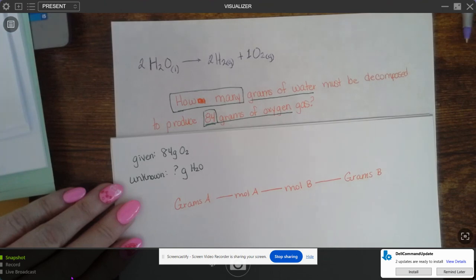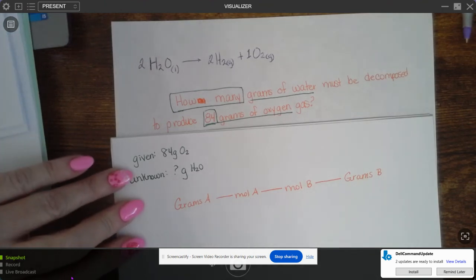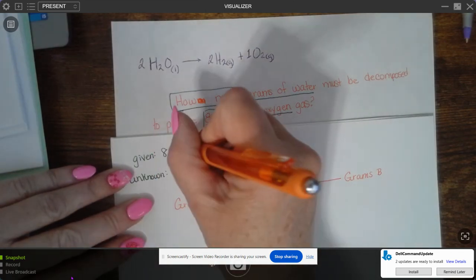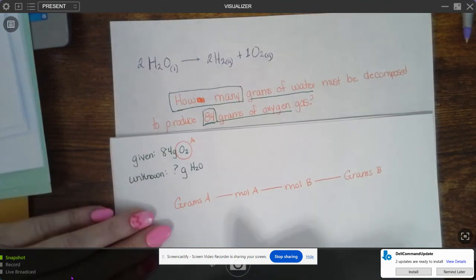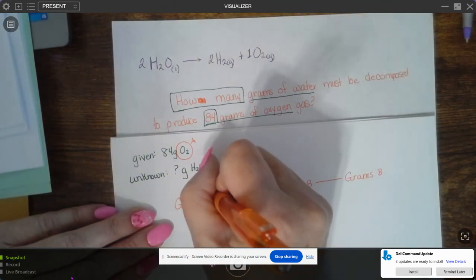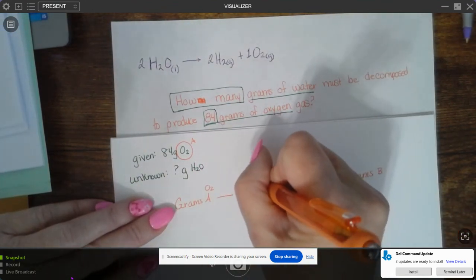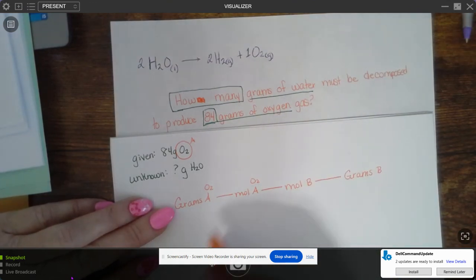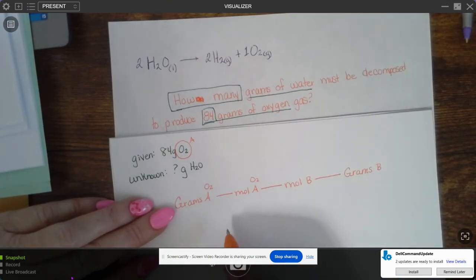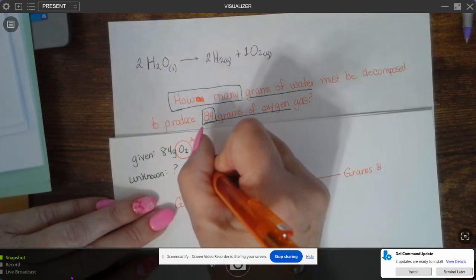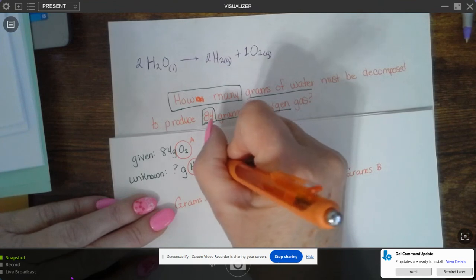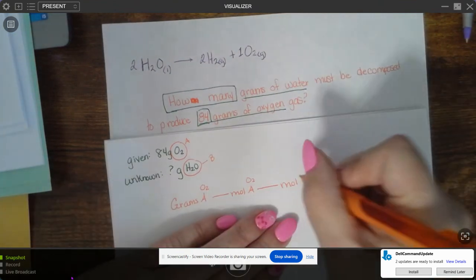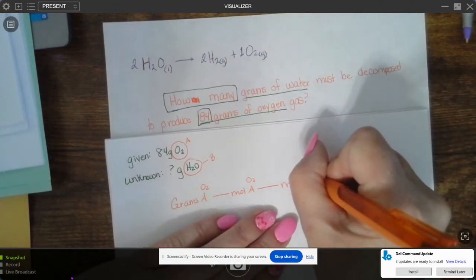Our given is substance A in the mole map, so in this problem, O2 is going to substitute in anywhere that I have grams or moles of A. Our unknown is always B in our mole map. So in this case, our unknown is water.